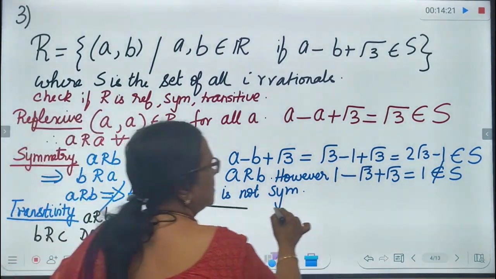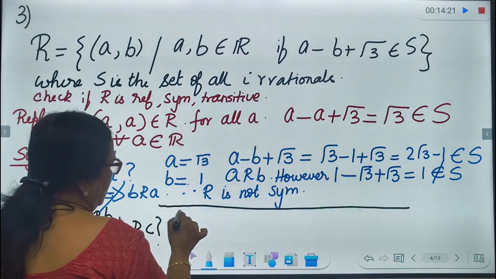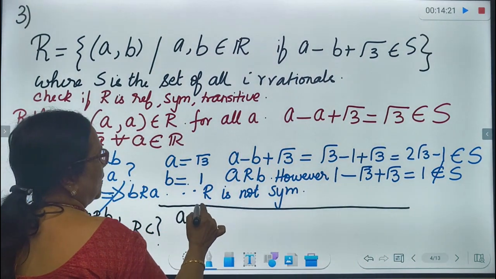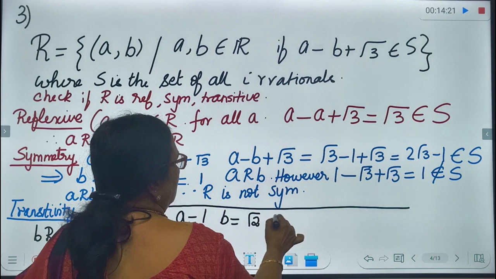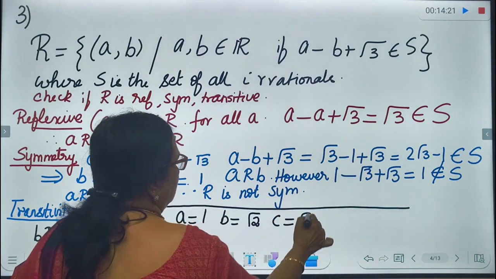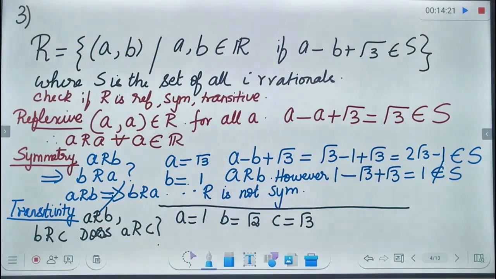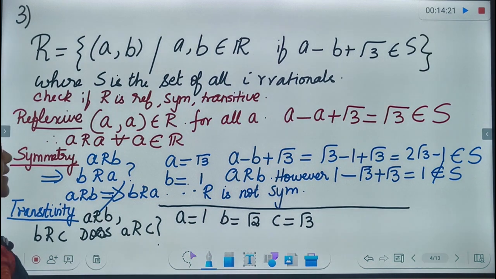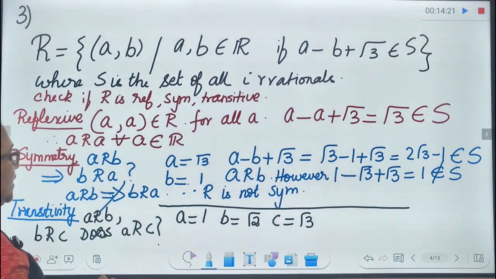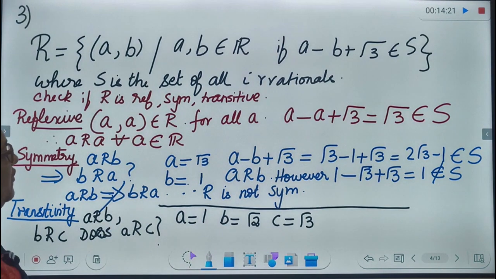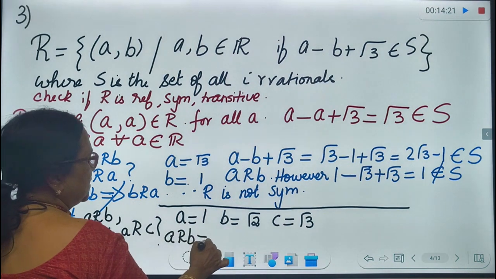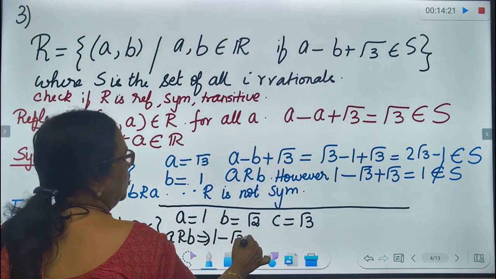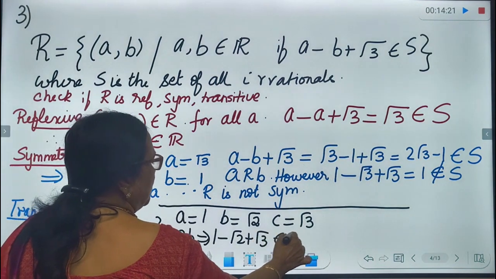Now I am going to choose A equal to 1, B equal to root 2 and C equal to root 3. Now let us check whether A is related to B. A related to B implies 1 minus root 2 plus root 3, which belongs to S.